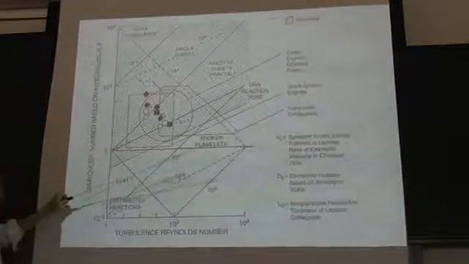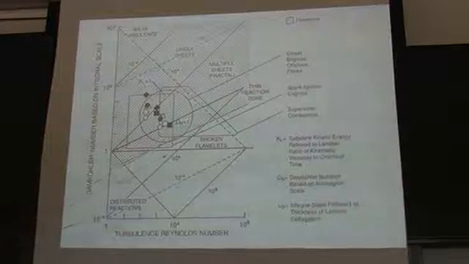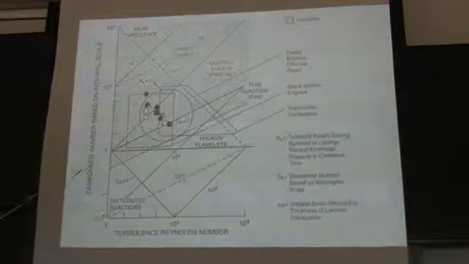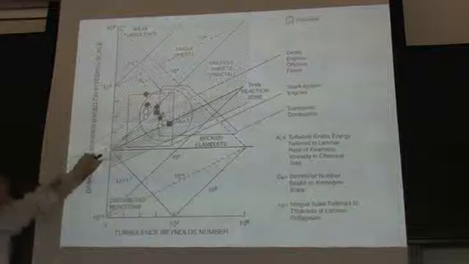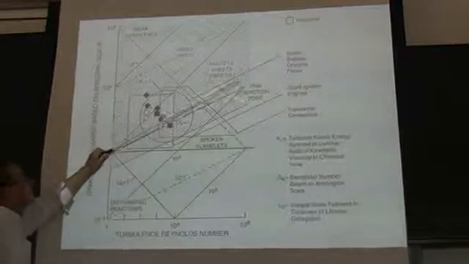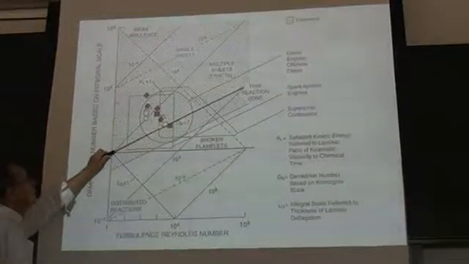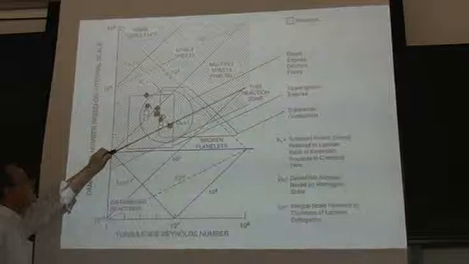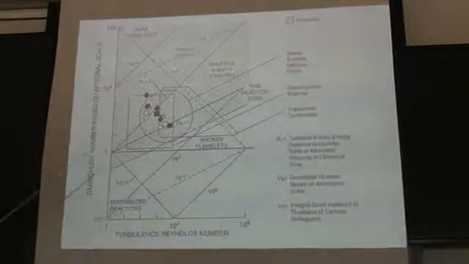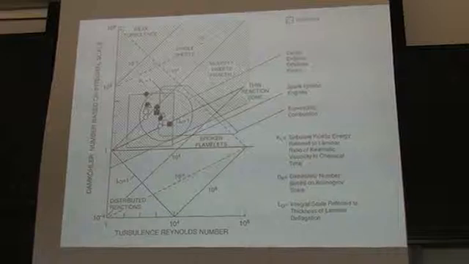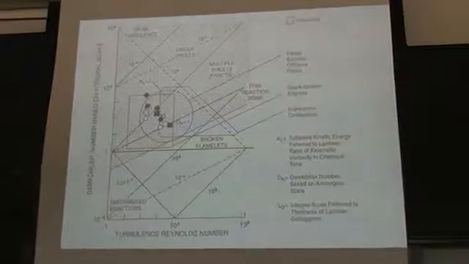And so this regime ends at a Damköhler number based on the Kolmogorov scale of 1. That's when you start to get turbulence in the interior of the laminar flame.